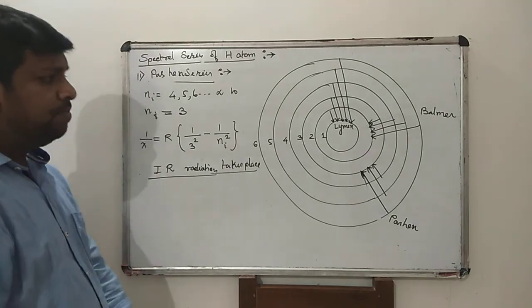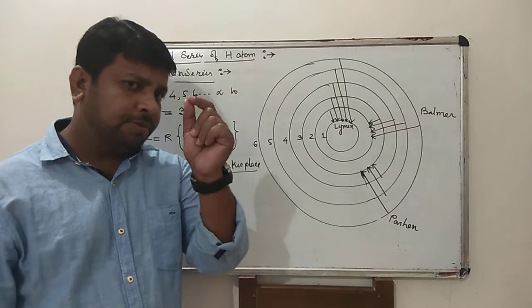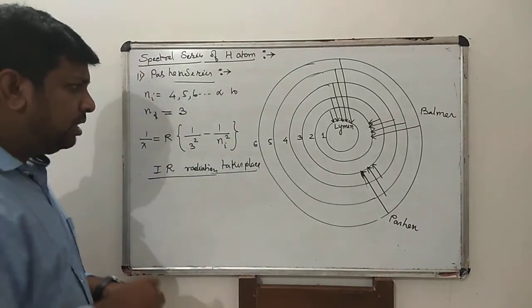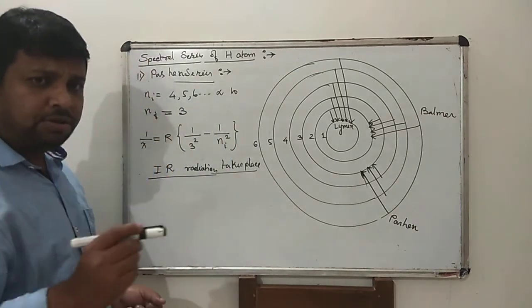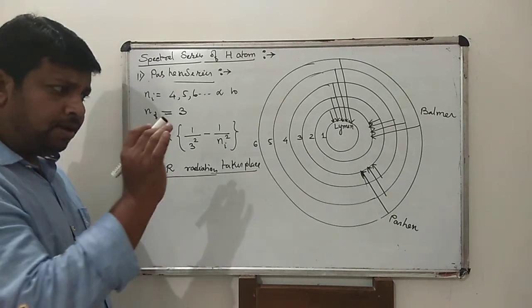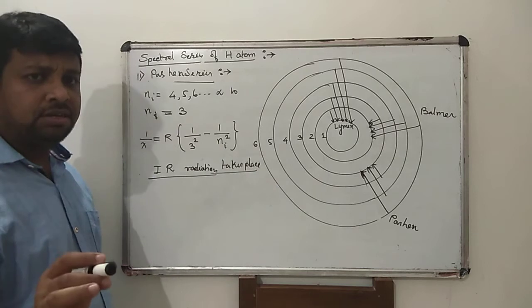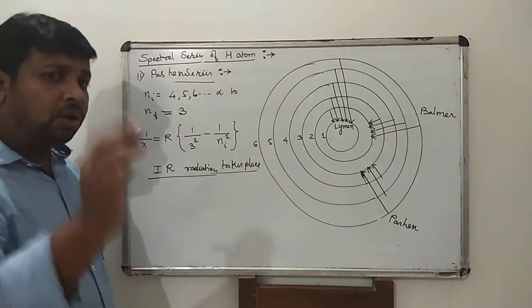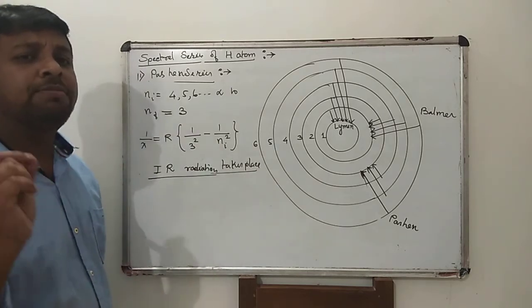So in the case of Lyman, the first transition occurs from 2 to 1, which is the longest wavelength, that is 1215 angstrom.